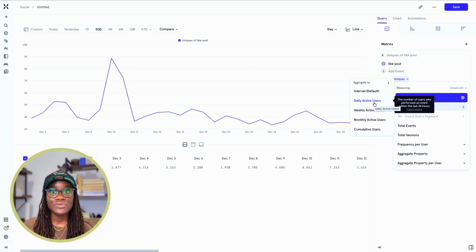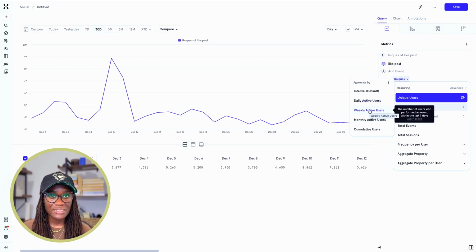Your daily active users measures the unique users that carry out an event in the last 24 hours from when you're measuring. Your weekly active users measures your uniques, but only based off of users that have carried out the event in the last 7 days, irrespective of how long you were measuring.